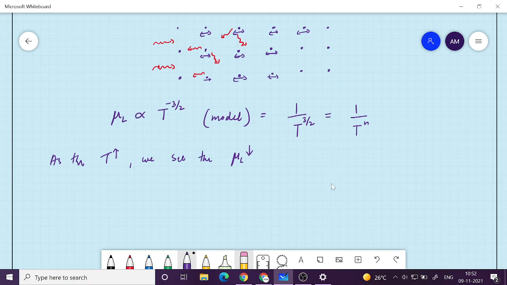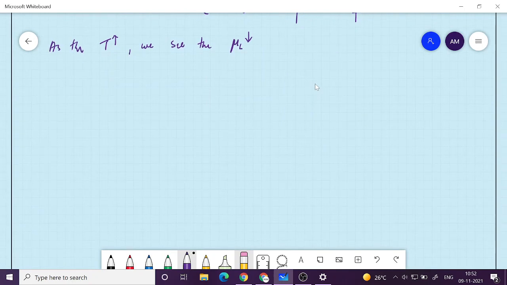But if I plot it, let me show some plots. So there are various experimental curves that are available. You can measure these things, and this data is available in the form of graphs. Okay, electron and hole mobility in silicon versus temperature.